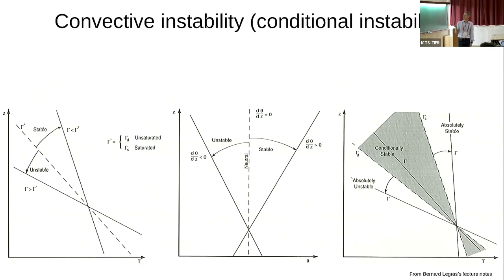In all that area between a dry adiabat and a saturated moist adiabat, it is conditionally stable. It depends if the parcel is already saturated or not. I think this is just to clarify the conditional instability. This is what is causing convection, just directly.